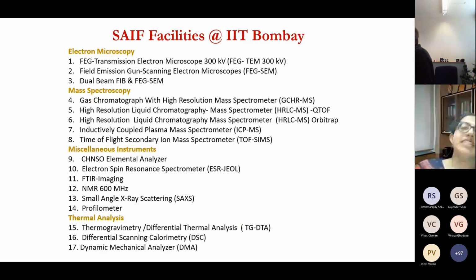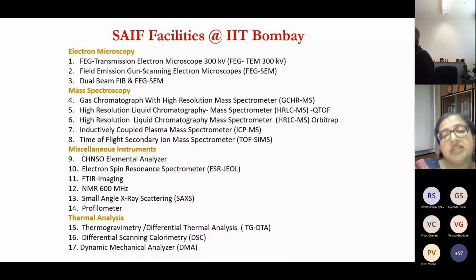These are some of the facilities that we have in SIF IIT Bombay. We have electron microscopy facilities, the FEG-TEM, FEG-SEM, and dual beam FIB, FEG-SEM. In addition, we have several mass spectroscopy facilities coupled with GC. So we have HRGCMS. We also have high-resolution liquid chromatography, both Orbitrap and QTOF.